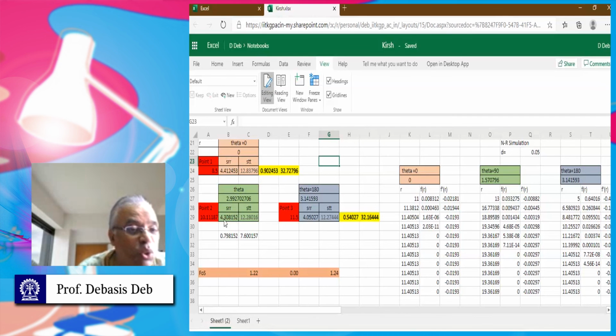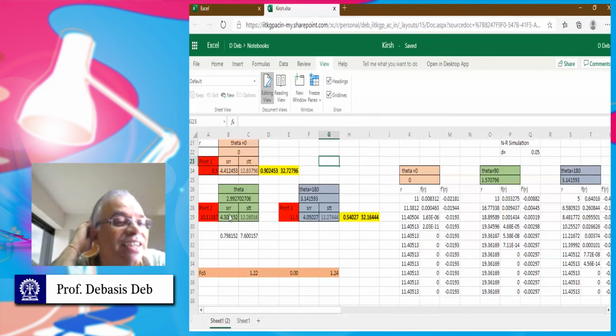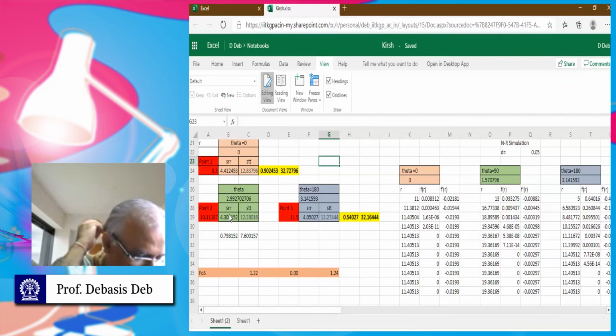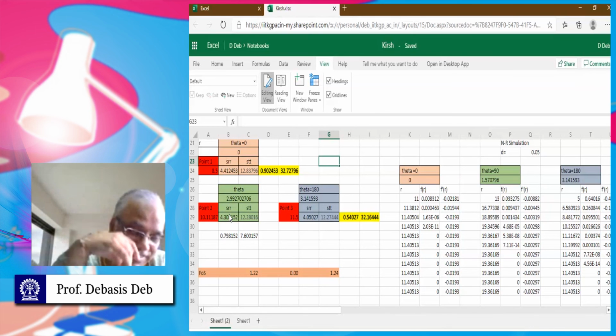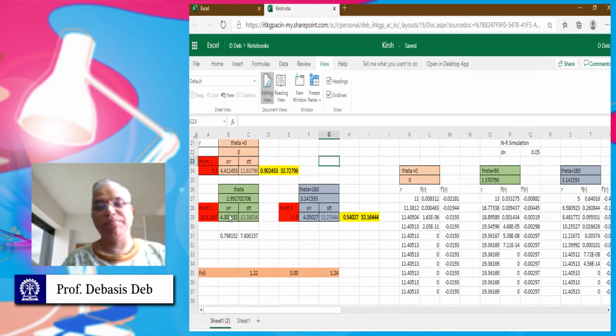But point number 2, which is 90 degrees from the horizontal, is not so simple to calculate because of the orientation. This I can show you very quickly.